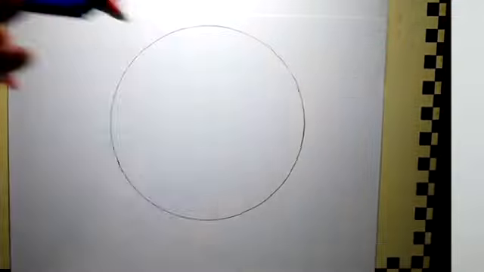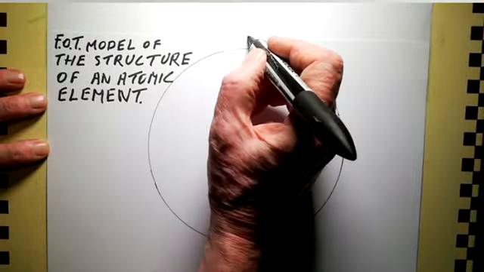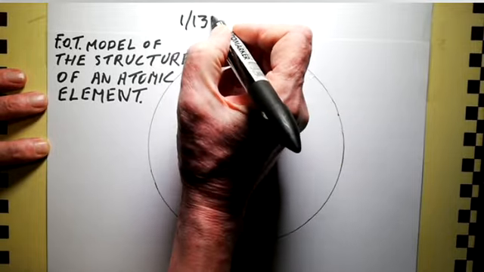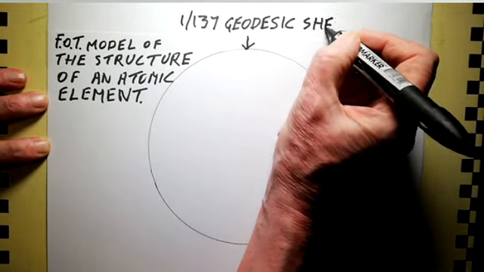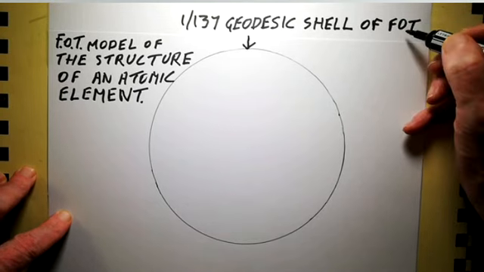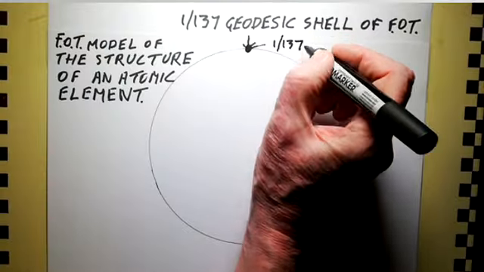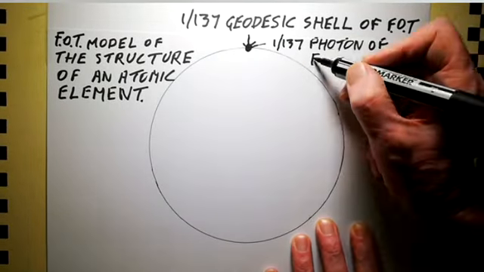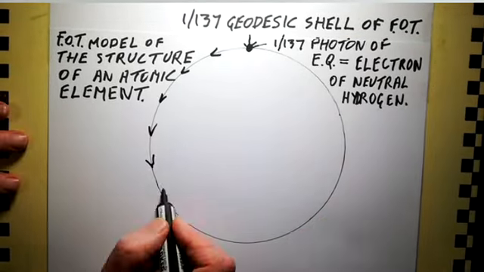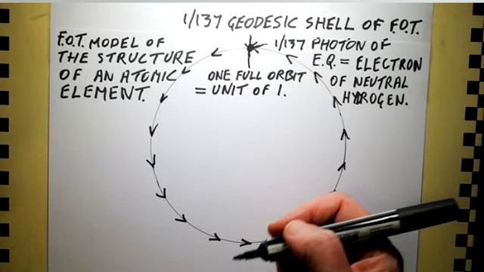The structure of an atomic element is composed of a finite number of concentric geodesic shells, all located within the 137 Roche sphere geodesic shell of the host field of time. In this scenario, one full orbit of a photon of equilibrium at the 137 geodesic shell represents a unit of 1.